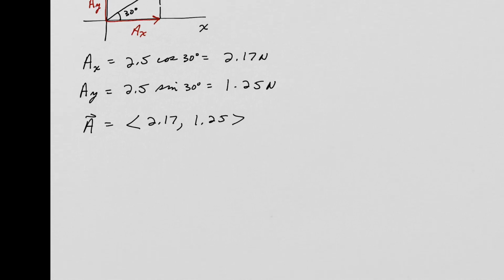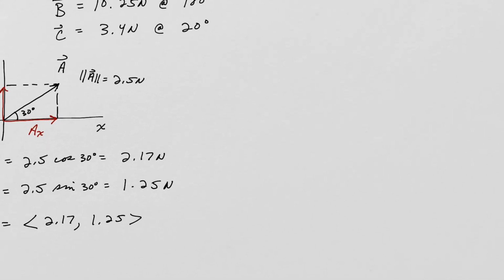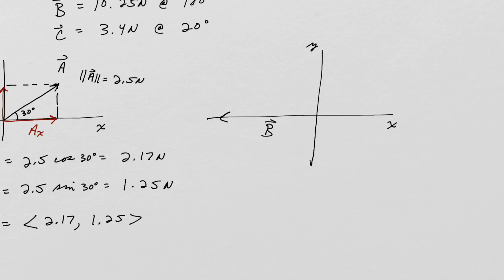B is really easy, right? Let me just squeeze in B over here. It's 10.25 newtons at 180 degrees. So it's going along the negative X direction, right? Because this is 180. So this is B. And that also turns out to be the X component, except we know it's negative.